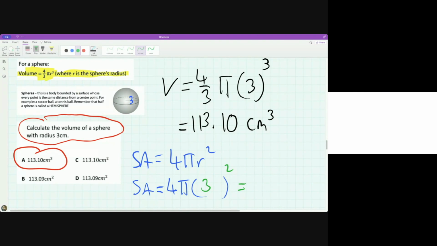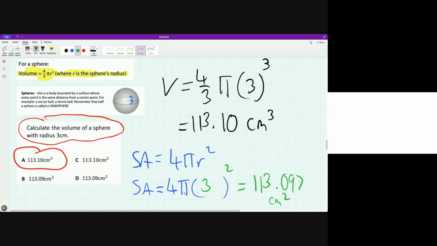So let's have a look. 9 times 4 times pi, and we get 113.097, but this time it will be centimeters squared.